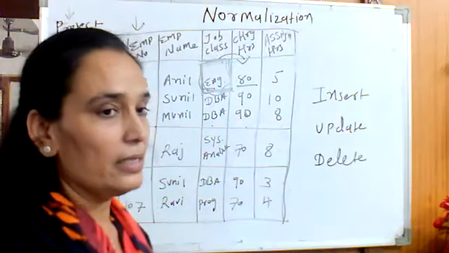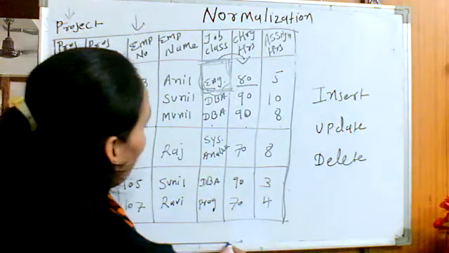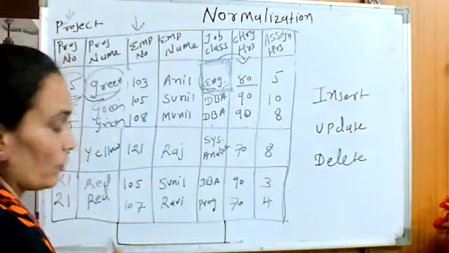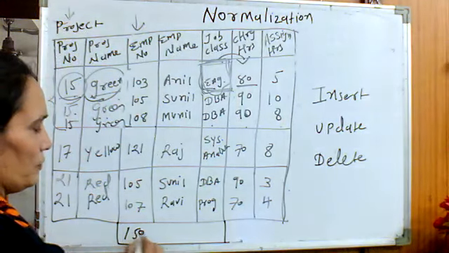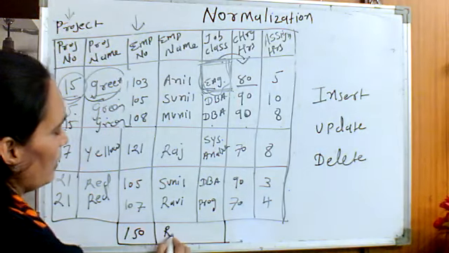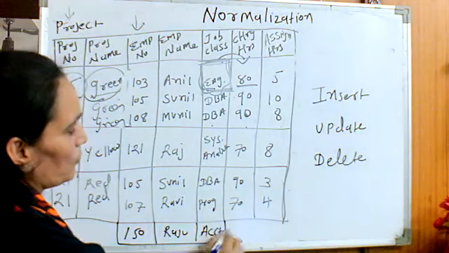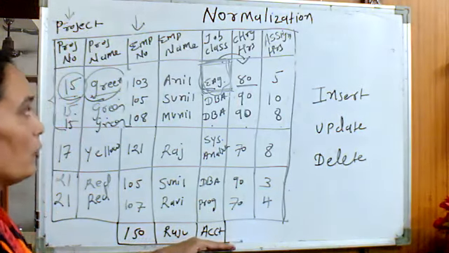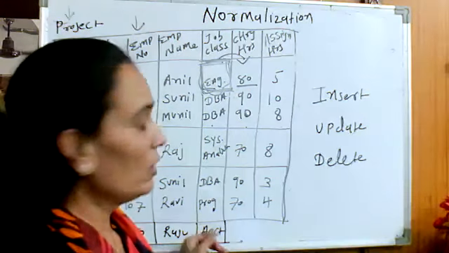First of all, insert. For example, I want to add one new employee here. Employee number 150, name is Raju, who is an accountant. I want to add this information into this table. Can I do this? No. Why?